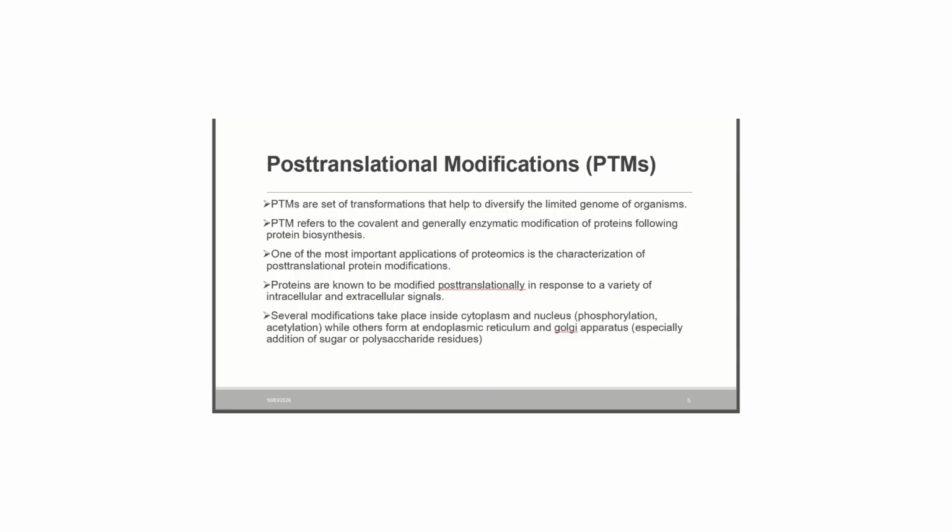Usually these post-translation modifications are a process within the cell in response to a variety of intracellular and extracellular signals. Several modifications take place within the cytoplasm and the nucleus, for example phosphorylation and acetylation. Other types of modifications take place in the endoplasmic reticulum and Golgi apparatus, such as glycosylation, adding sugar residues to the proteins.